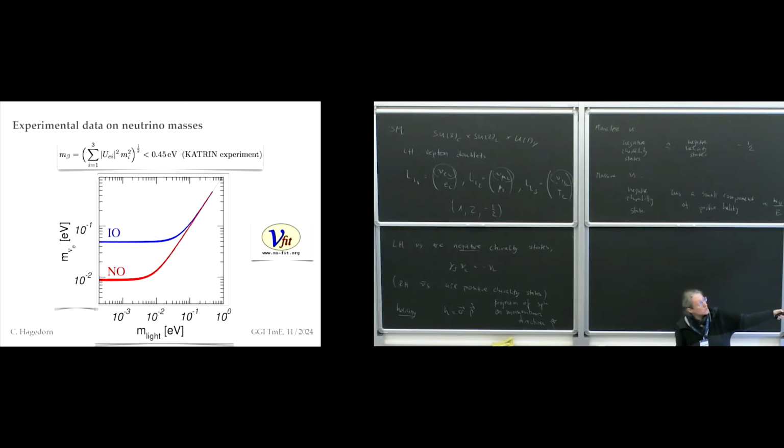This is the latest limit which came out this year, and the KATRIN experiment has a forecast that they're going to reach a sensitivity of 0.2 electron volt, so they can also bound the lightest neutrino mass, which you see here.